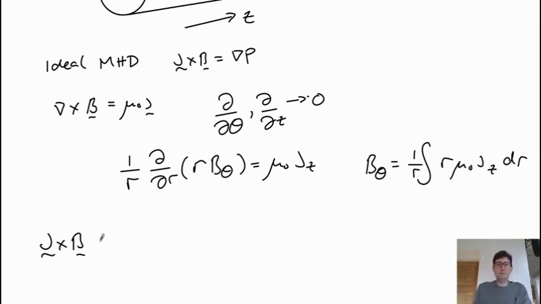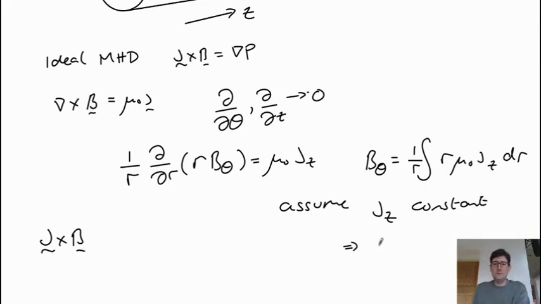And so we can make some assumptions to simplify this. So if we assume, for example, that J_z is constant, so that there's no variation in r, then we have that B_theta.